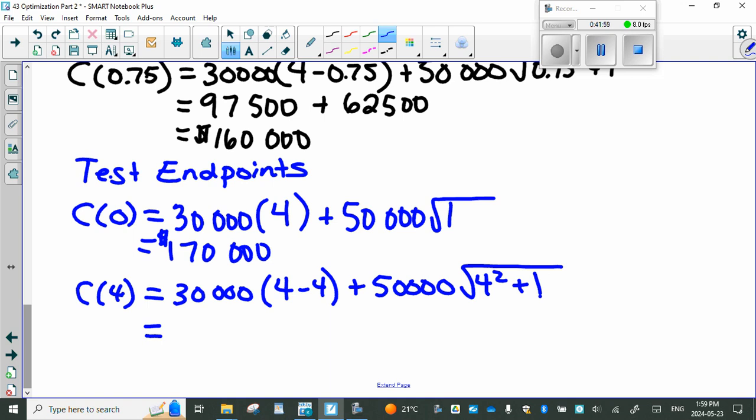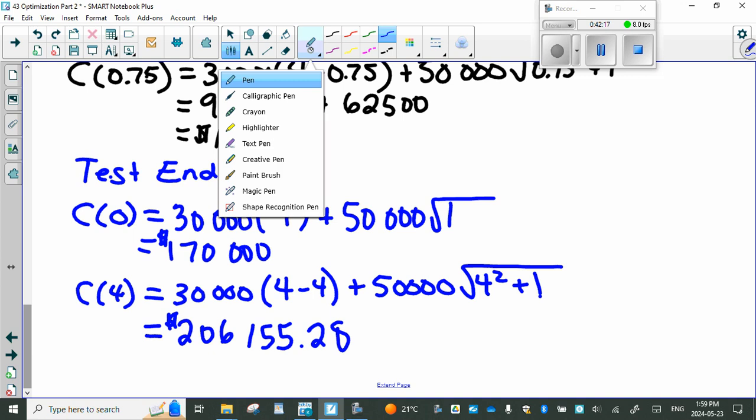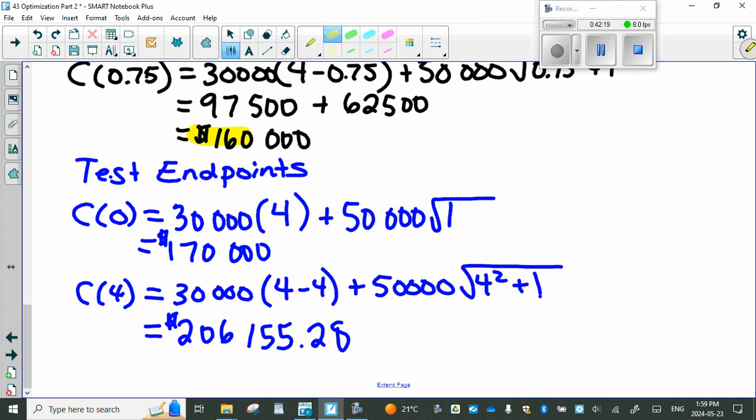Square root of 17 times 50,000 is $206,155.28. So if we're comparing our 3 costs, this one is the minimum cost.